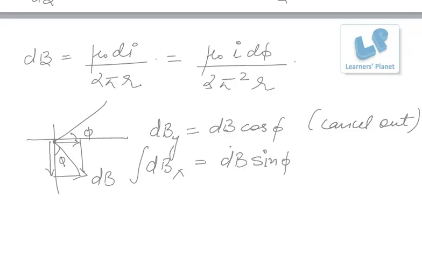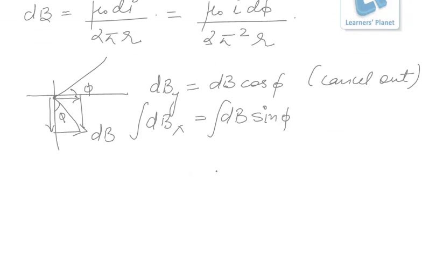So if we integrate this, we will get the magnetic field at the center. The total magnetic field at the center will be the integral of dB sin phi, with the limits of phi being 0 to pi.